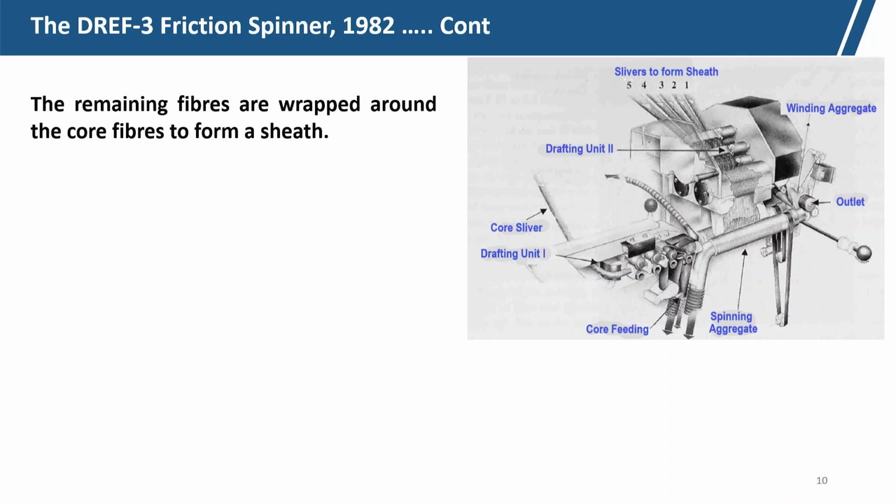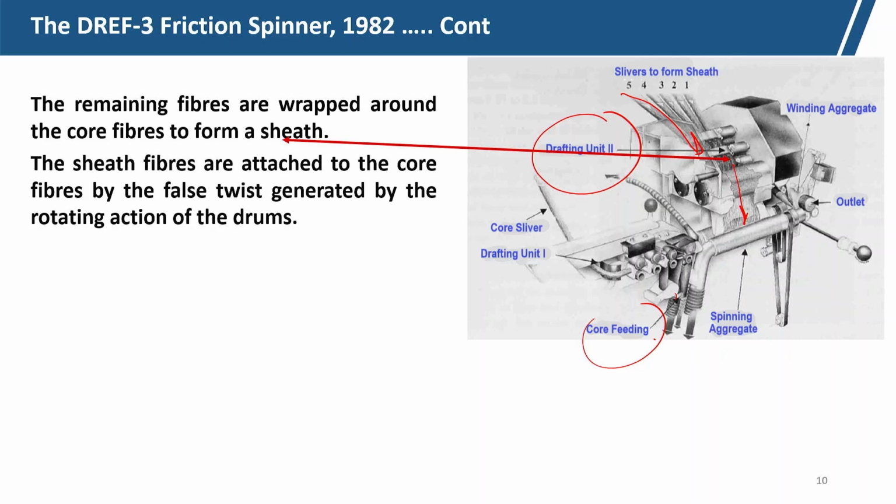The remaining fibers are wrapped around the core to form sheaths. So, there are two components: one from the left feeding zone and another from the top. From drafting unit 2, the fibers are coming and they are wrapped around the core fibers to form the sheath.